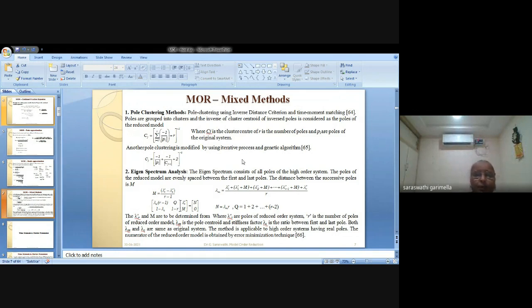Another person did it by an iterative process, I think from IIT Kharagpur only, maybe IIT Roorkee, I could not remember. They did it with a genetic algorithm; the numerator they found with GA. So this is one type of method.